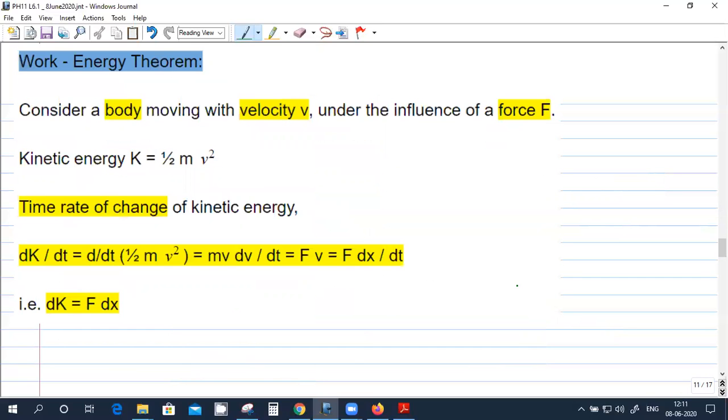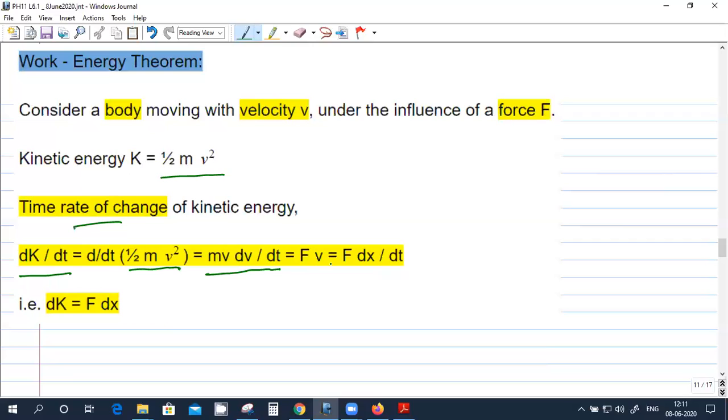Okay, so the work energy theorem. Let us consider a body and apply a force F to it. So the velocity of it will change. The kinetic energy at any instant is half m v square. The rate of change of kinetic energy is d by dt of K, which is equal to m v dv by dt, because kinetic energy is half m v square, and if you differentiate v square, you get 2v dv.